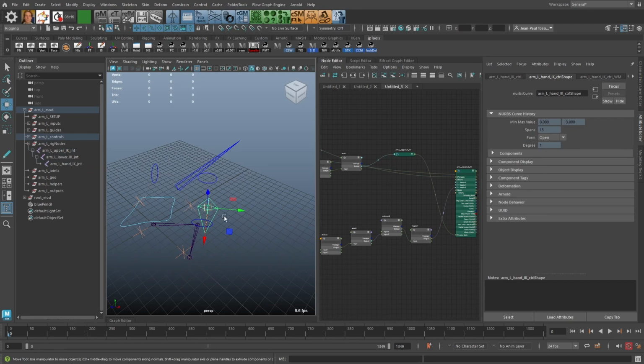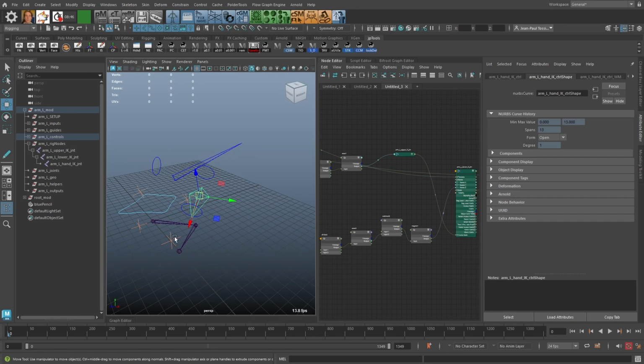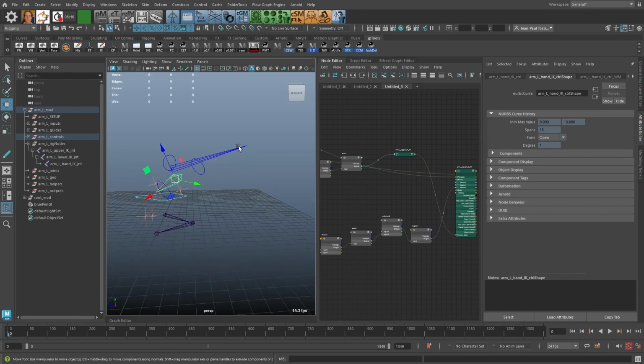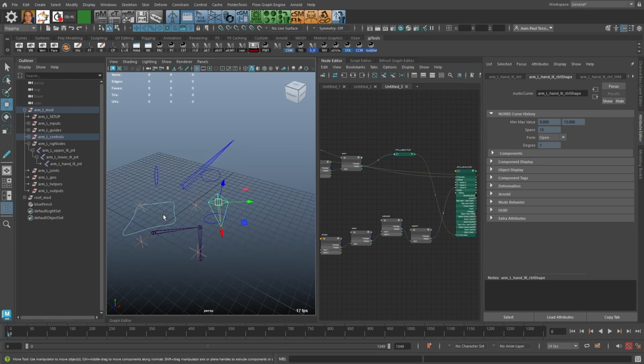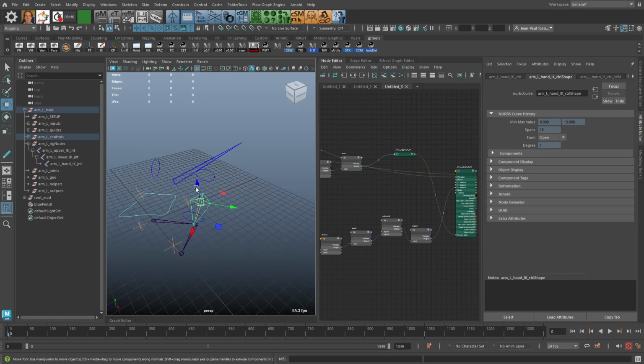So that is the x-axis. And the negative z-axis, in this case, will be the axis that is created by the elbow control. So we need to create an aim matrix that aims from the upper arm position to the hand position with the x-axis, and the negative z-axis is aligned with the elbow control.